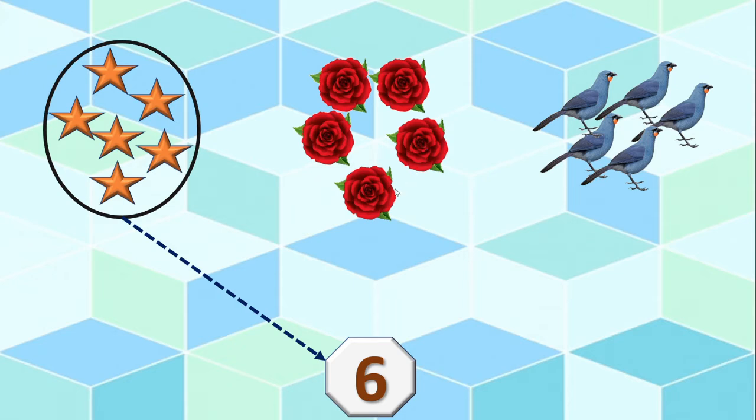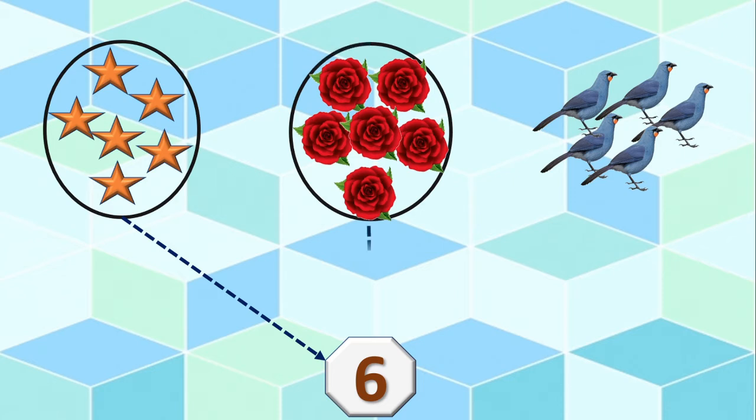Now here we can see 5 flowers. Isn't it? Okay, we are going to add one more to here. See now, 1, 2, 3, 4, 5 and this is 6. Right? Now all together there are 6 flowers. Here we will come to birds.